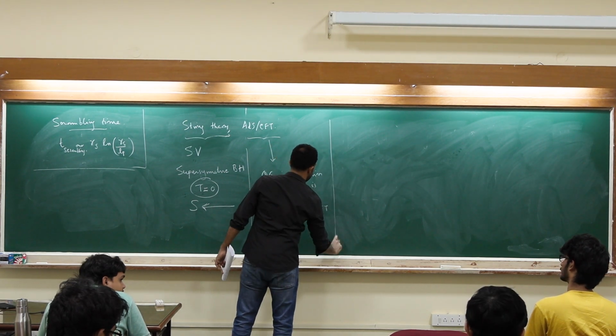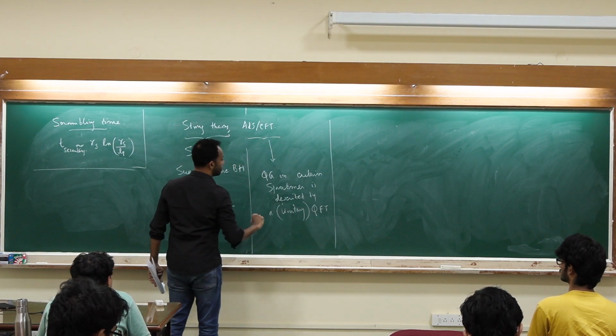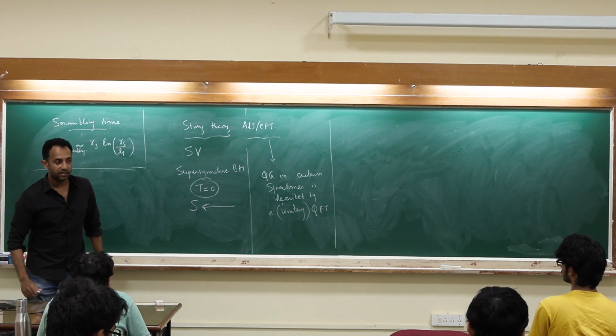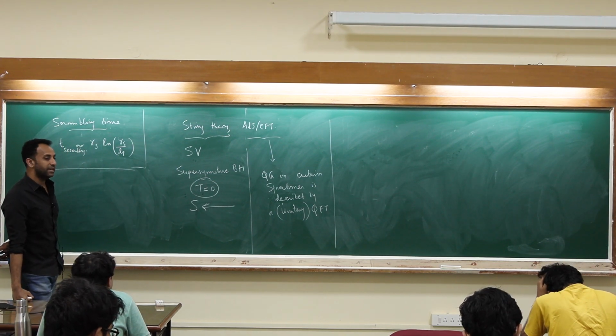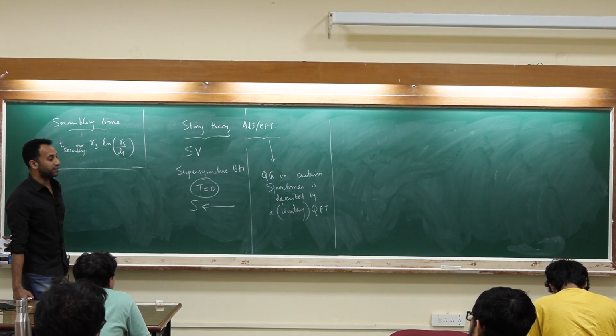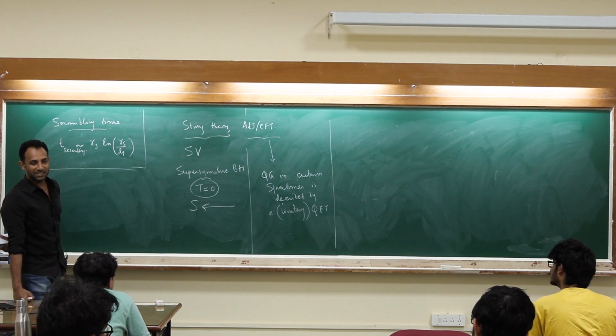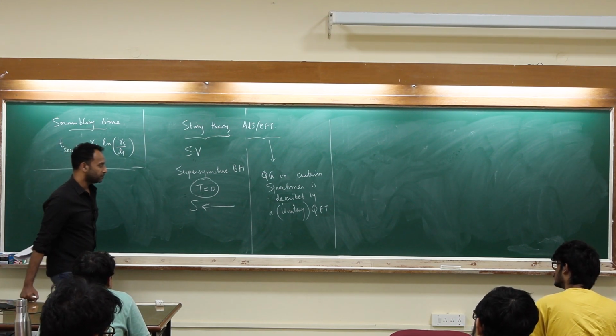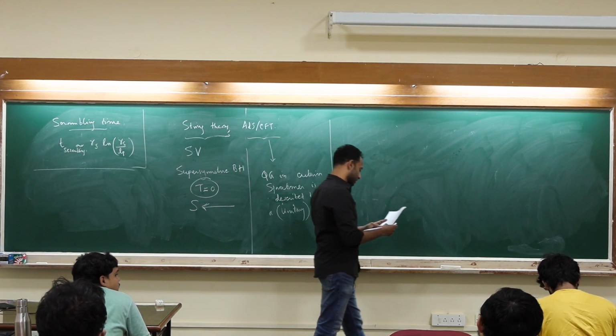ADS-CFT is a specialization of that. Because of this, if you have black holes that evaporate, and the theory is unitary, we expect it should be well defined even in the black hole, if you believe the duality sufficiently. I think there are good reasons to believe that it is true. We'll say more about that in a bit.